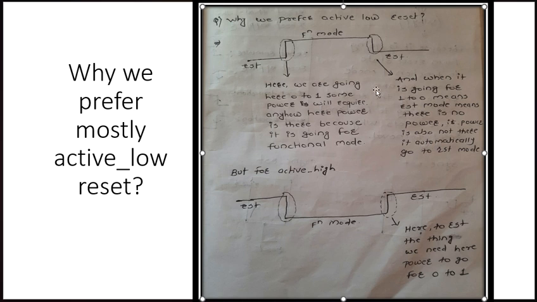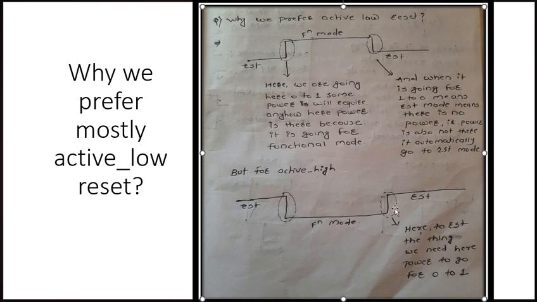But in active high this concept is not applicable, because going from functional mode to reset mode means going from 0 to 1, and we require some power for reset mode.